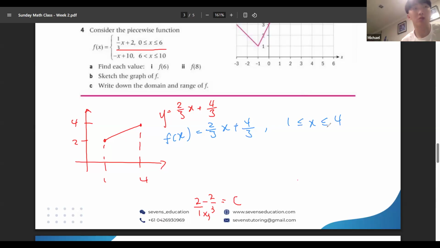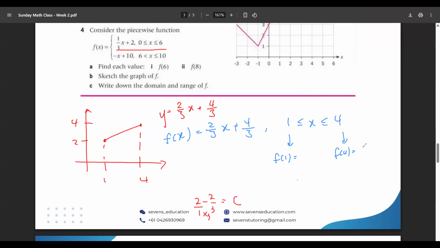And then we don't have to write the range because if you substitute this in, you're going to get f of 1 and f of 4. 2/3 plus 4/3 is 6/3, which is 2. Okay, what about f of 4? There's a smarter way to work this out.